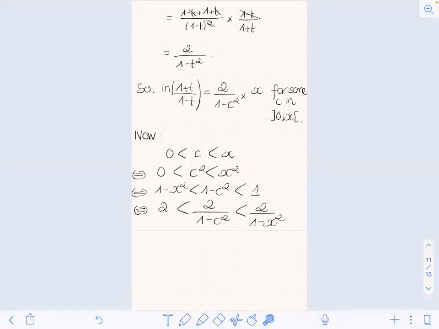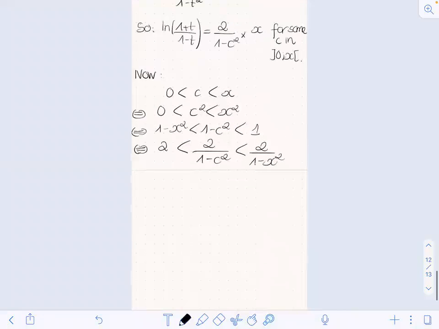But here we have this multiplied by x. x is positive, so we can multiply by x without changing the direction of the inequality. So we'll get 2 over 1 minus c squared times x in the middle, 2x on the left-hand side, and 2x over 1 minus x squared on the right-hand side.